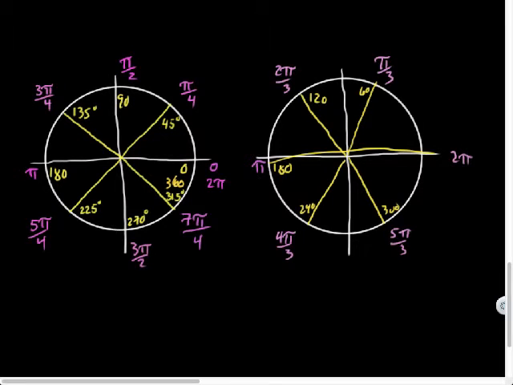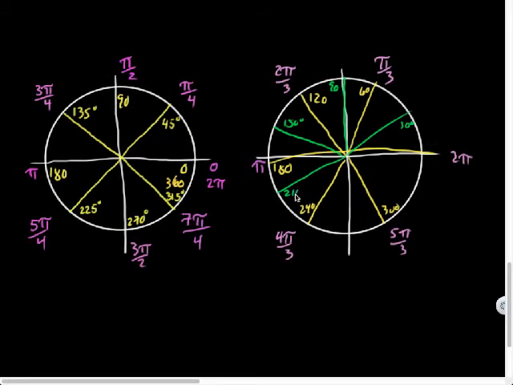And let's see, let's divide this up one more time. If I take 60 degrees and cut it in half, what do I get? 30 degrees, right? So there's 30, 60, 90, 120, 150, 180, and then plus 30, divide that in half.